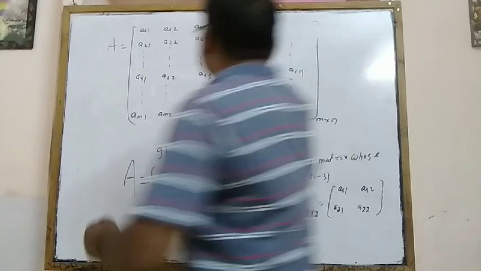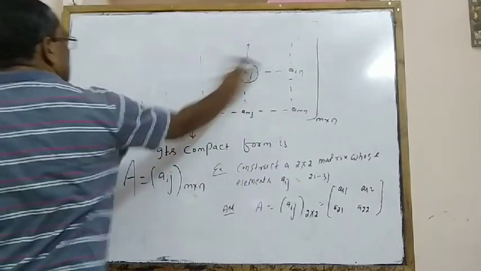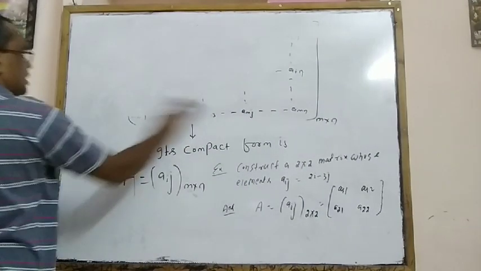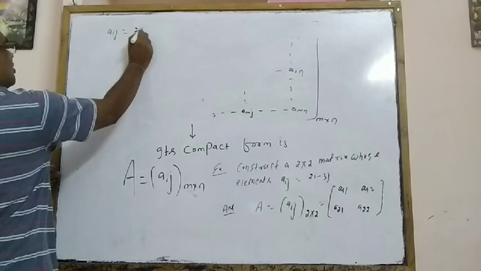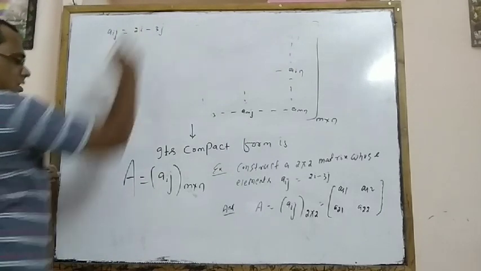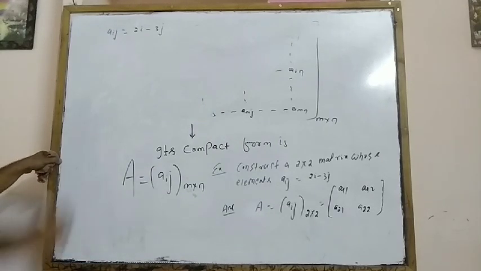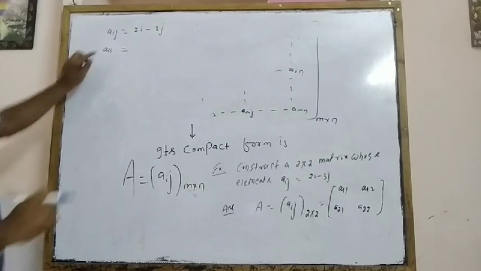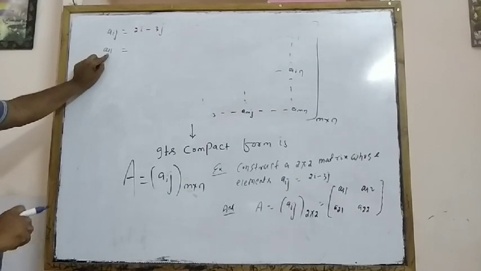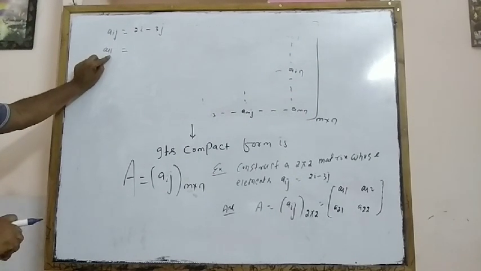The element here is Aij is equal to 2i minus 3j. First we find A11 and A12. A11 means we substitute i is equal to 1 and j is equal to 1.